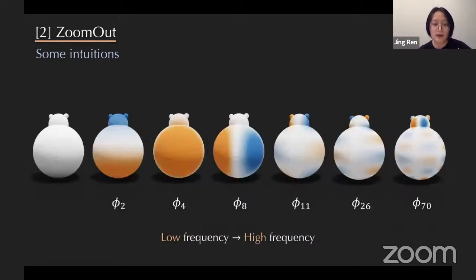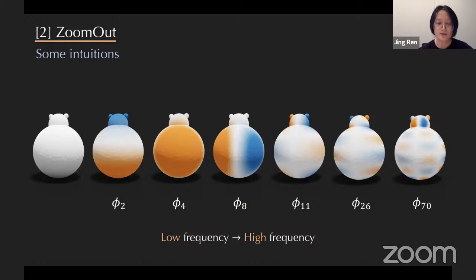If we look at the eigenfunctions of this panda, here I show some subset of them. We can see that the eigenfunctions already encode the frequency or the structure scale of the shapes.